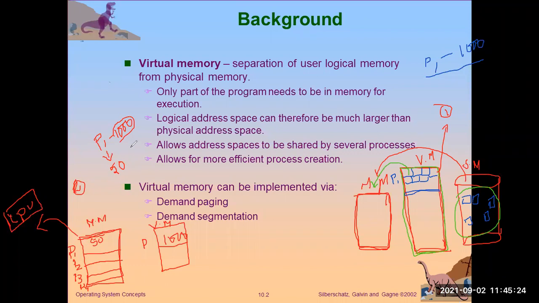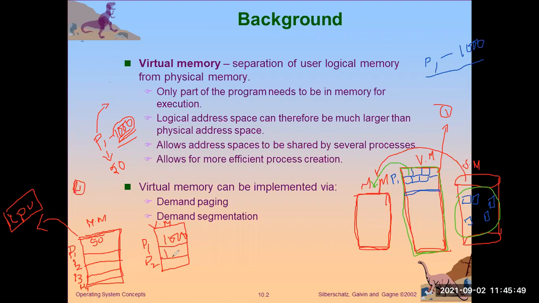And how is it possible? If every program is of 100 instructions, and we store all the instructions of every program, there may be a case where I may not store as many programs as will be required by the CPU. So what will we do? We will store the entire instruction set in virtual memory.